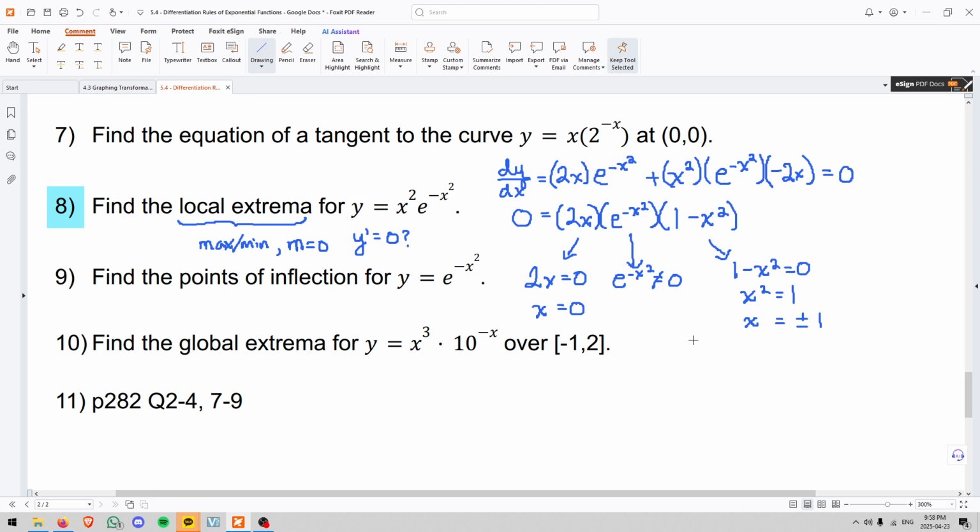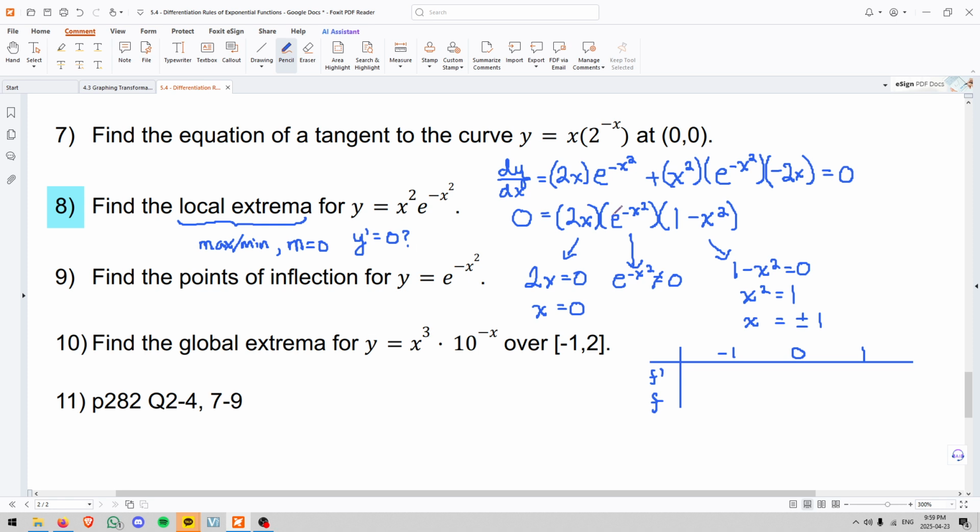But we know that sometimes having the critical numbers is not enough. We want to find what the actual extrema are. So I'm going to test it. -1, 0, 1. And my function derivative and my original function. So let's do it. A really big negative number, that means a negative times something.